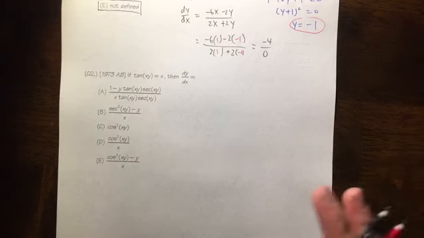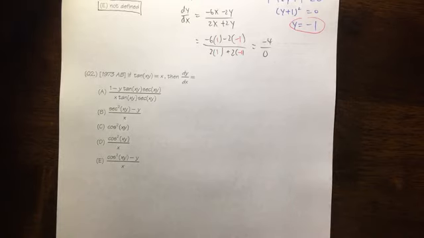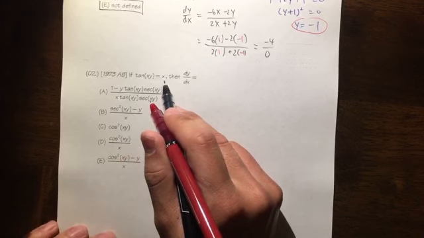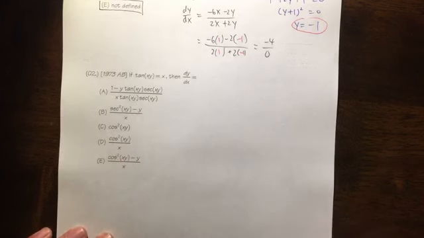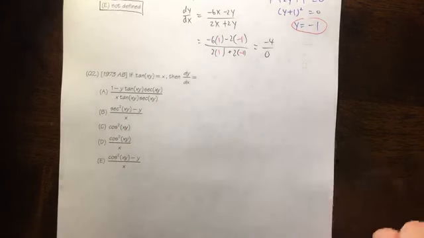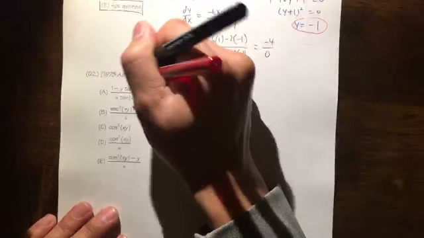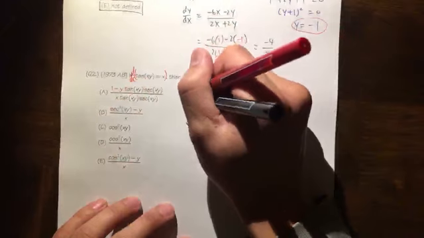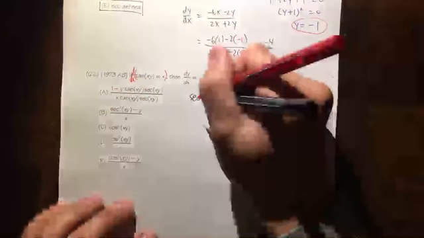All right, let's continue with number 2. So right here it says if tangent of x times y is equal to x, and we're trying to find dy dx. Once again, we have to use implicit differentiation. So right here, let me just put down d dx. Now, the derivative of tangent of something, you first write that down as secant squared, the inside stays the same.